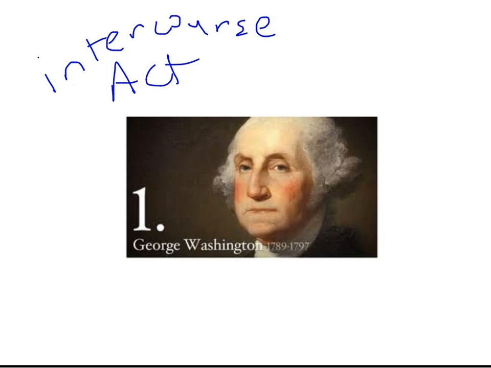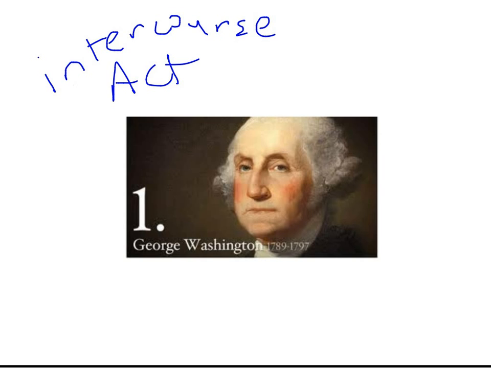The Intercourse Act allowed the federal government to intervene and regulate trade with the Indians, so they could choose how they would regulate and how they would sell and trade goods to the Indians.